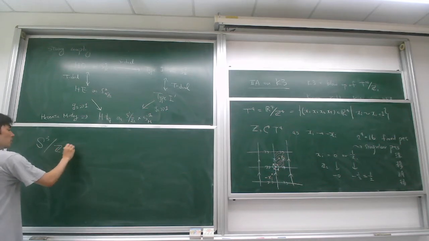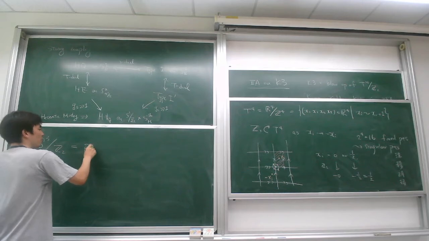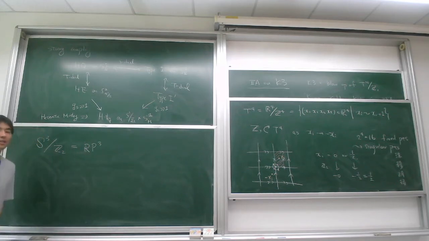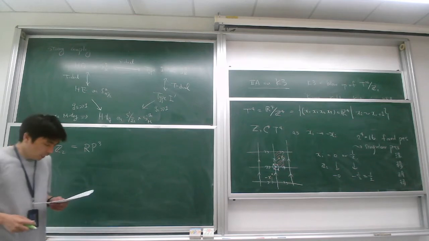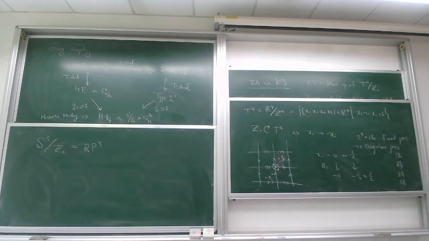What's this object? Good. So this is RP3. If you identify the antipodal points, it becomes RP3. So to make it smooth, what we're going to do is as follows.